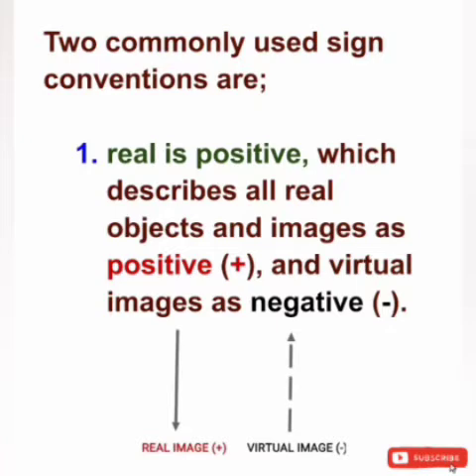Two commonly used sign conventions are: 1, real is positive, which describes all real objects and images as positive and virtual images as negative. You can see the inverted arrow, which gives the diagram for a real image, and the upright arrow, which uses dashed lines to give the virtual images.